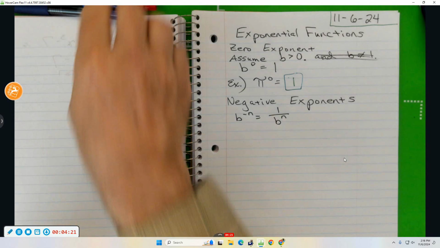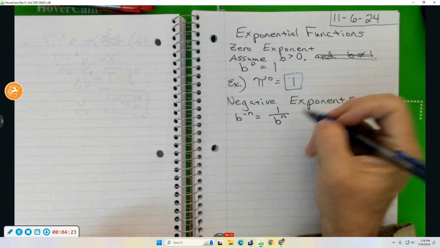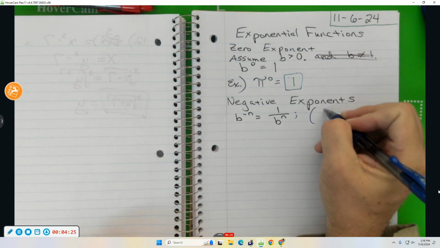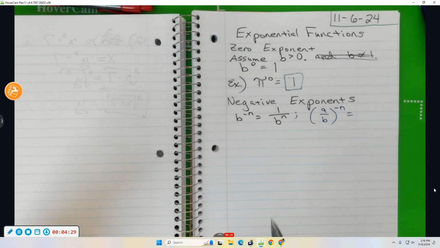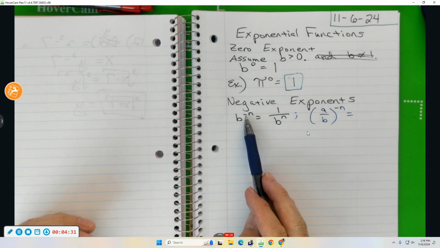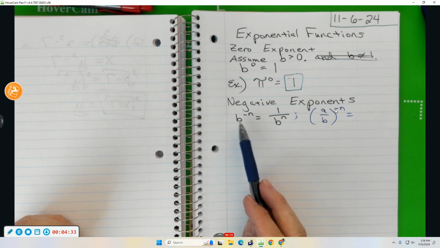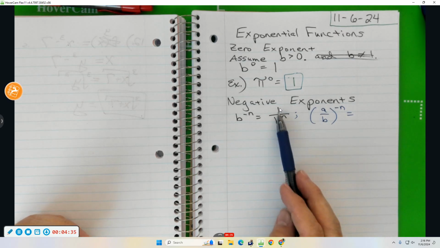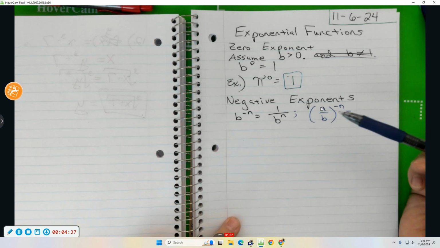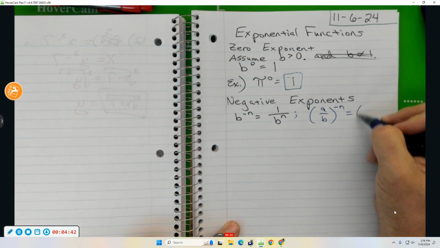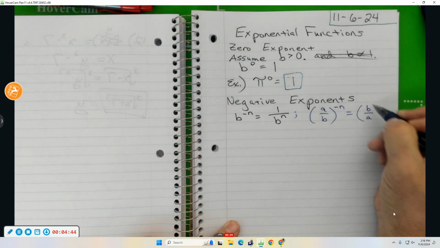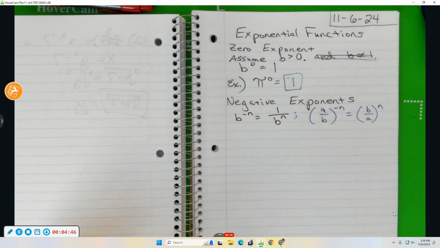Suppose we had something like a over b to the negative n. A negative exponent means the reciprocal. The reciprocal of b is 1 over b. The reciprocal of a over b: if you have a fraction to a negative power, flip the fraction and change the exponent so that it's positive.